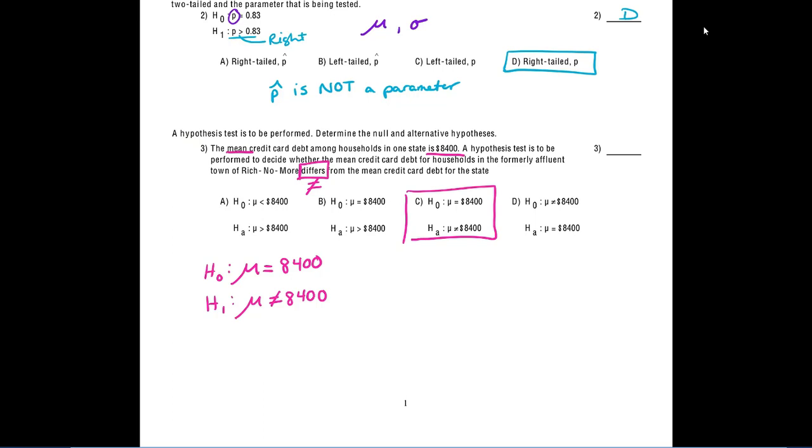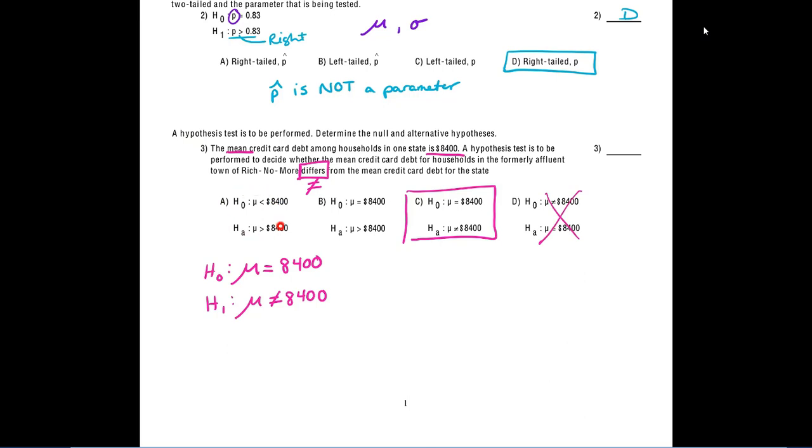Looking at these other examples, I know that this one right here cannot be a hypothesis because my null hypothesis is not correct. Your null hypothesis always has to be equal to. So right away, I know this one is out.